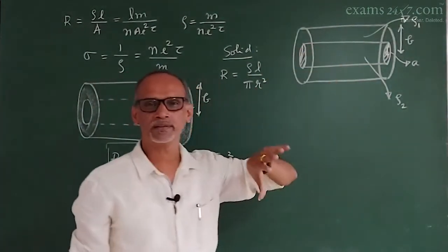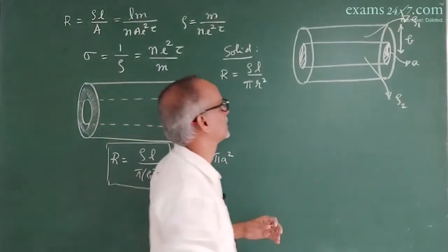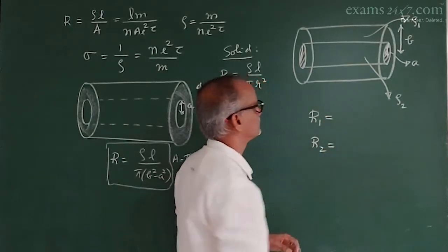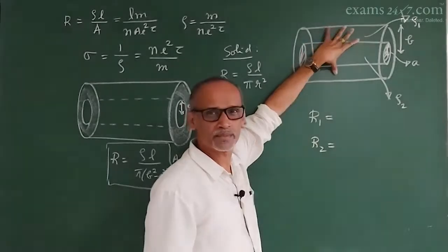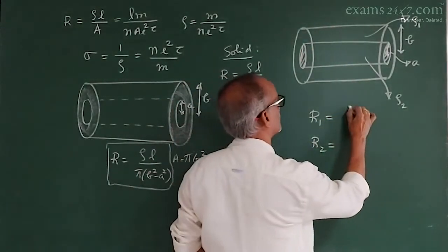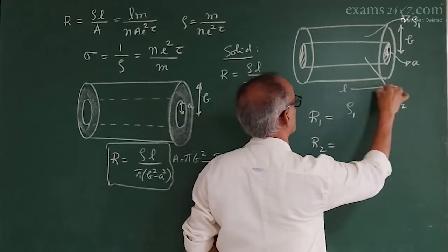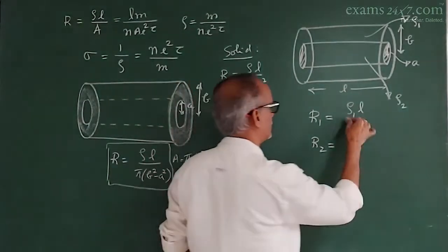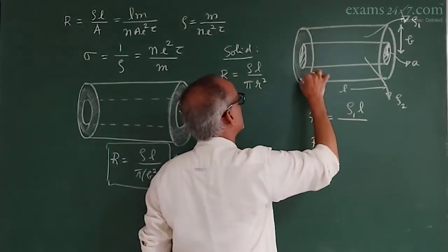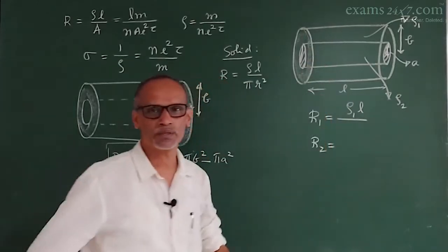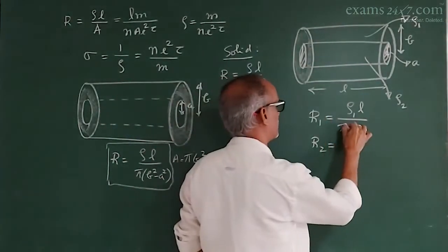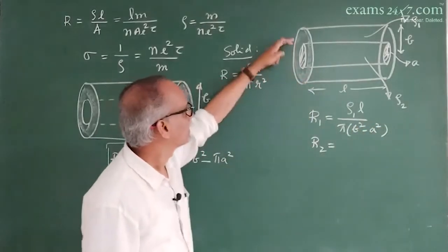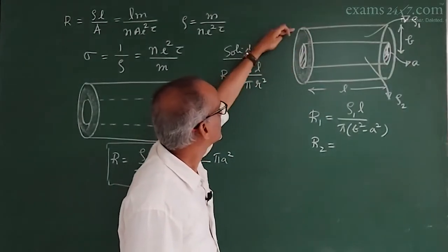Now we are going to find the resistance of each material, that is R1 and R2. For the outer material, R1 is rho 1 L, where L is the length of the cylindrical wire, divided by the area of only the outer one, which is pi times B square minus A square, because that is the area of the outer cylinder.